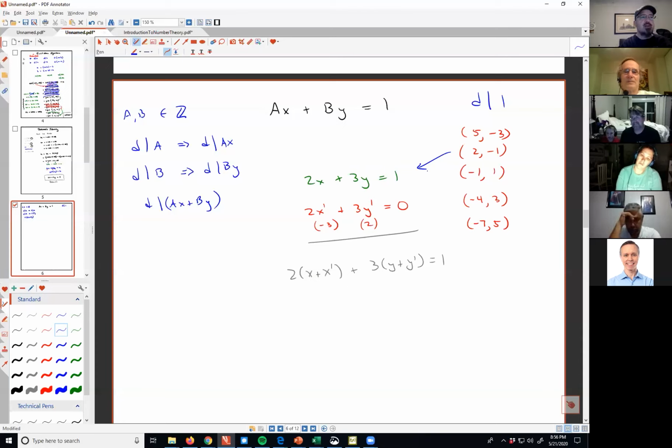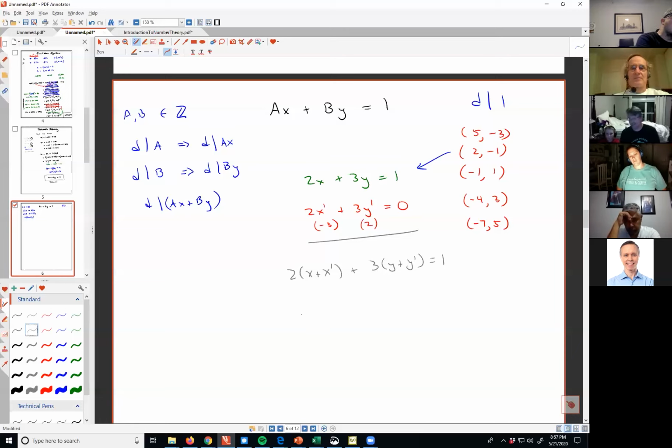And so, if we have one solution, we have infinitely many, because this is a process we can repeat infinitely many times. So if there's one solution, and we know there is, since 2 and 3 are relatively prime, there are infinitely many. We can always multiply this by anything, like 12, for instance.